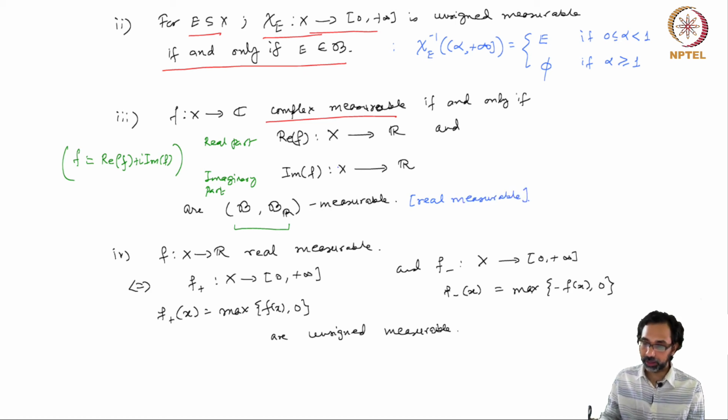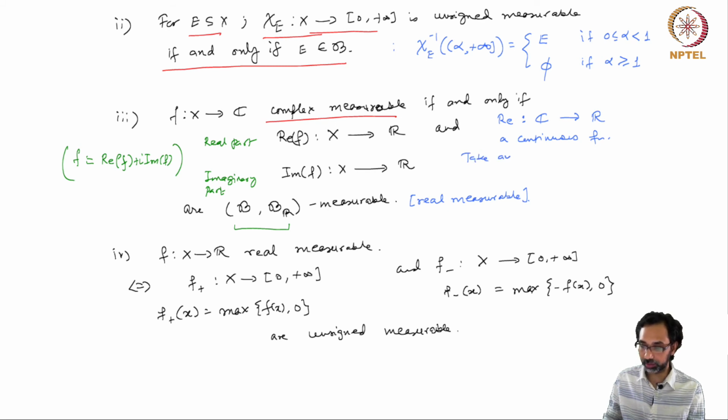To show this, it's enough to note that the real part is itself a function from the complex numbers to the real numbers, and it is a continuous function from C to R.